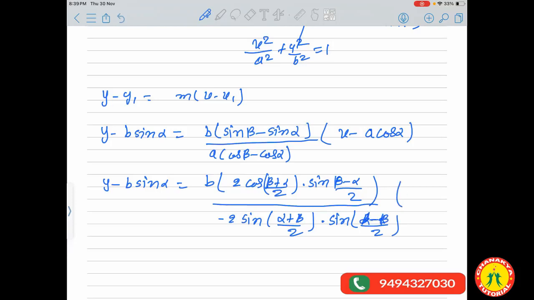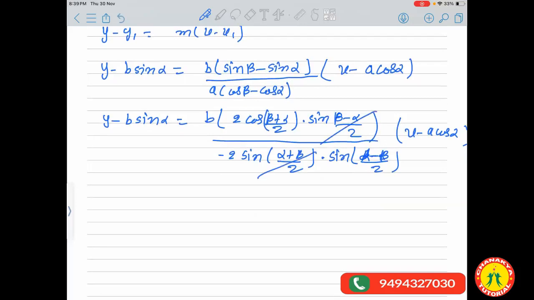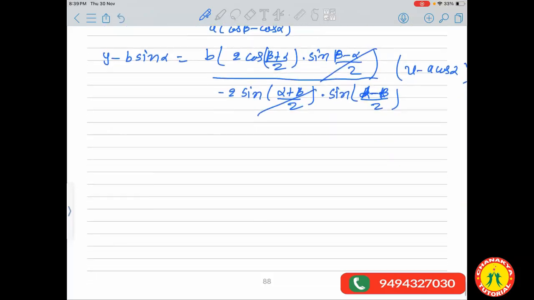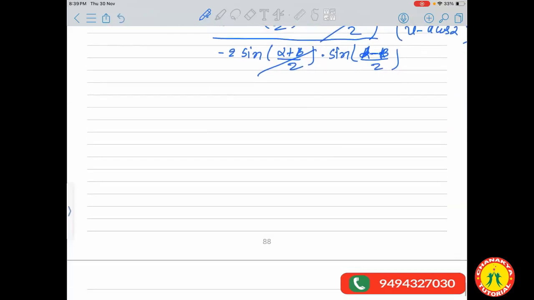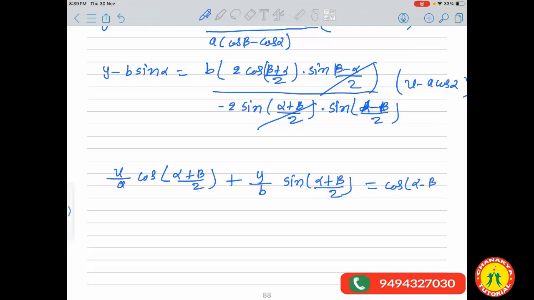So now solve this equation, x minus a cos alpha. So this will cancel out. So now after solving this equation, we get x by a cos of (alpha plus beta) by 2 plus y by b sin of (alpha plus beta) by 2 is equal to cos of (alpha minus beta) by 2.